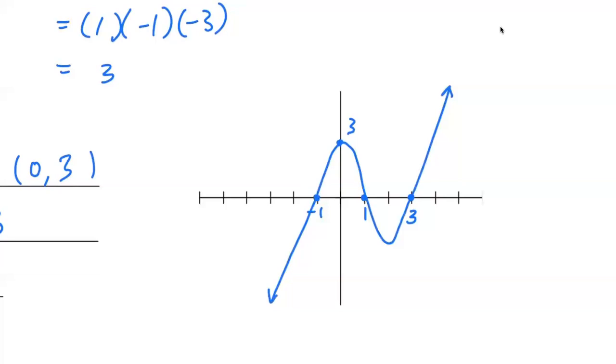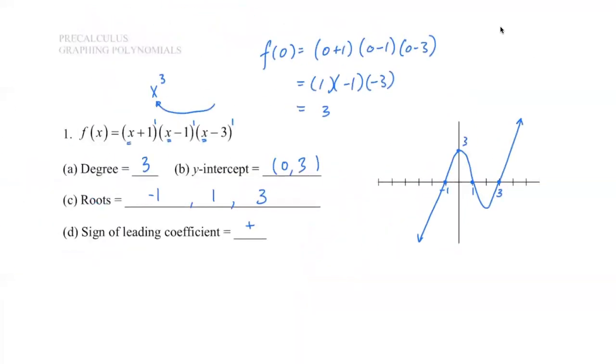Overall, this portion is not that challenging. Just make sure that everything means something. The parentheses are factors. The exponent of the parentheses is known as multiplicity. And then you have the sign of the leading coefficient to help you determine whether you start high or low.